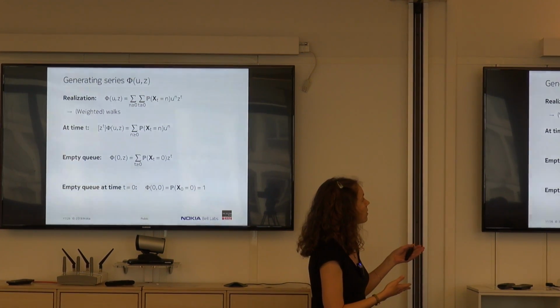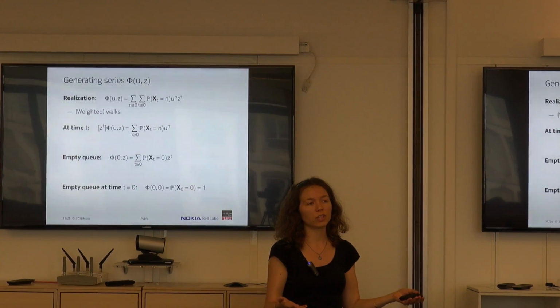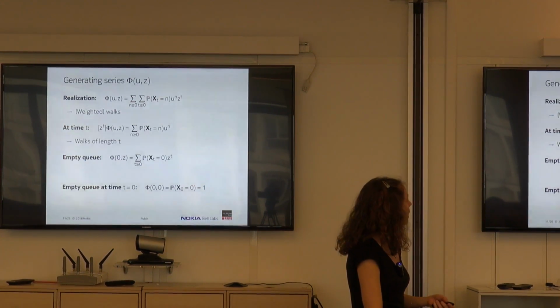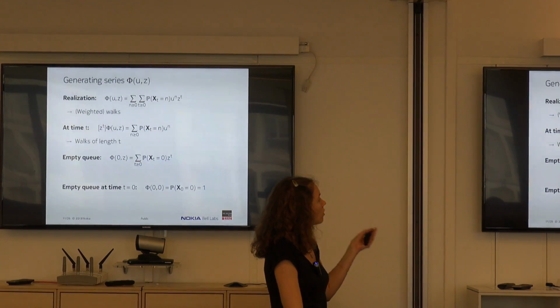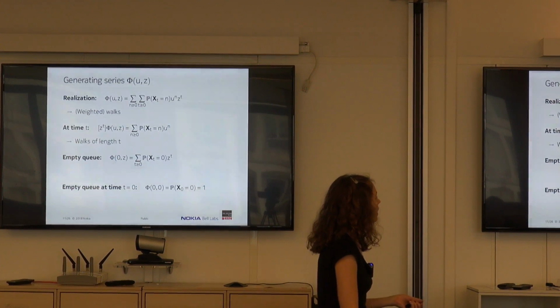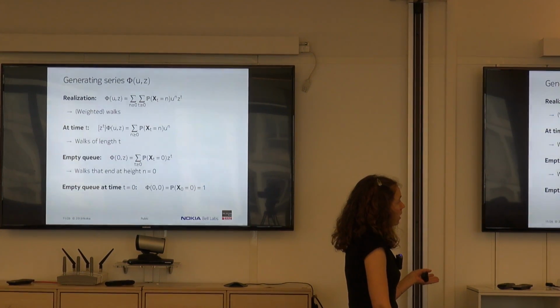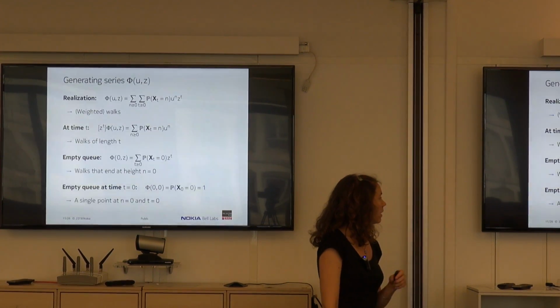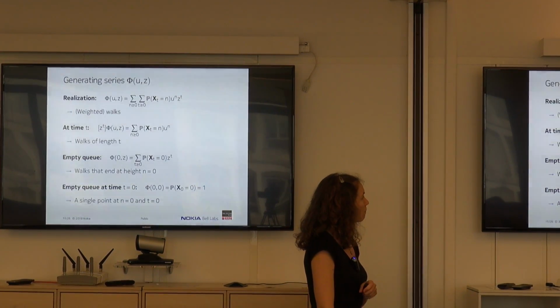In general, phi of u,z will be the generating series of an arbitrary random walk. Then at time t, they're just the walks of length t that end at an arbitrary ordinate. The empty queue corresponds to the walks that end at height n equals 0, and so on.